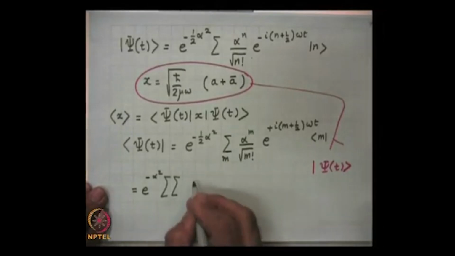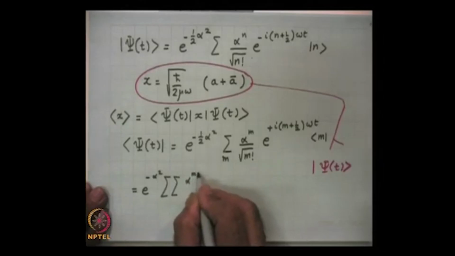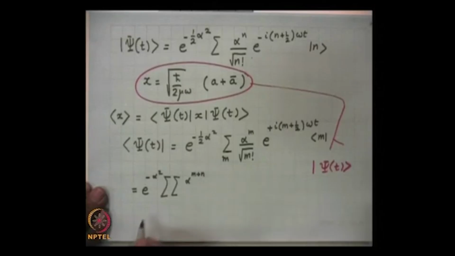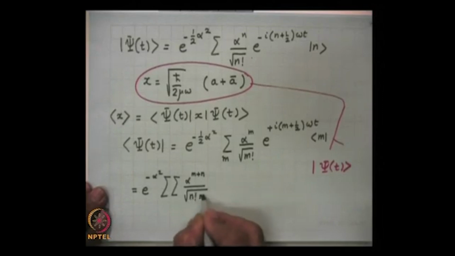So you will have alpha to the power of m plus n, square root of n factorial and m factorial.